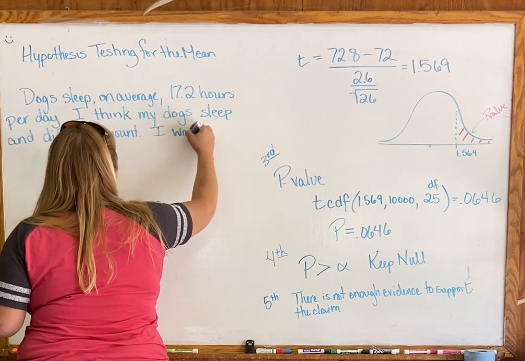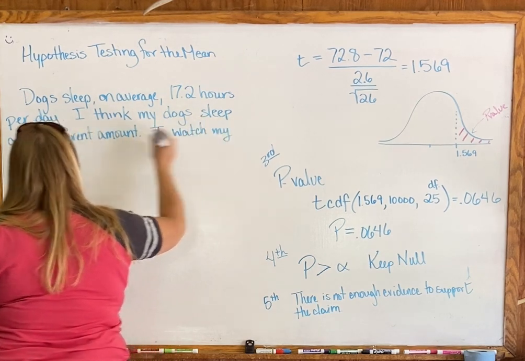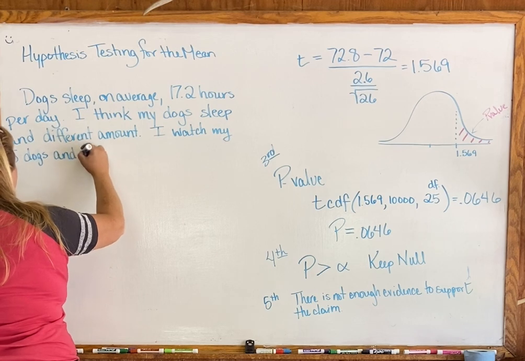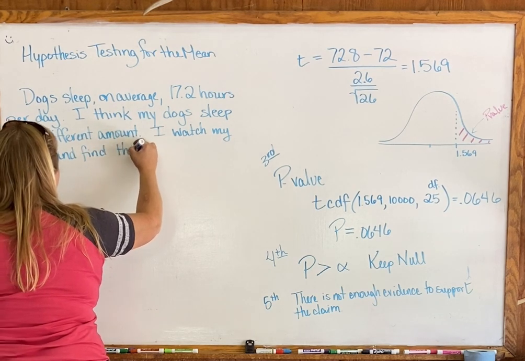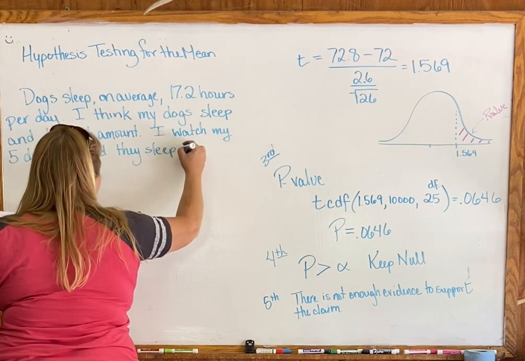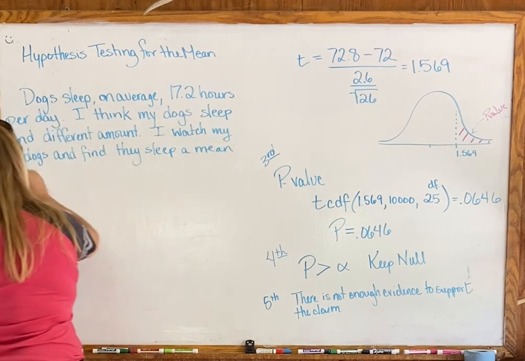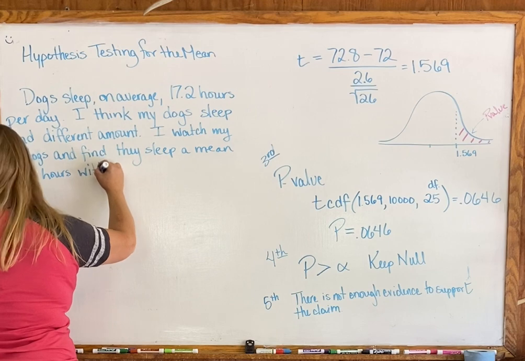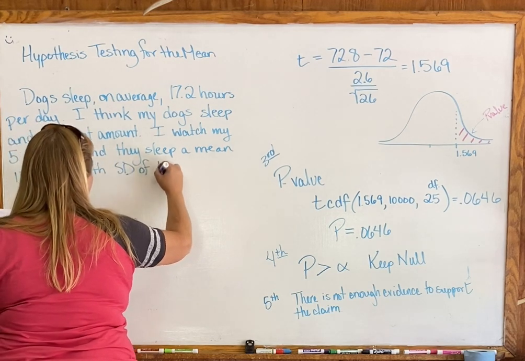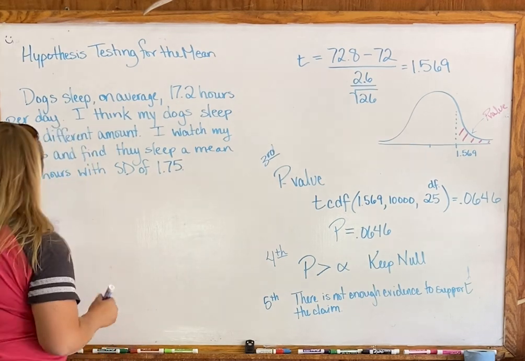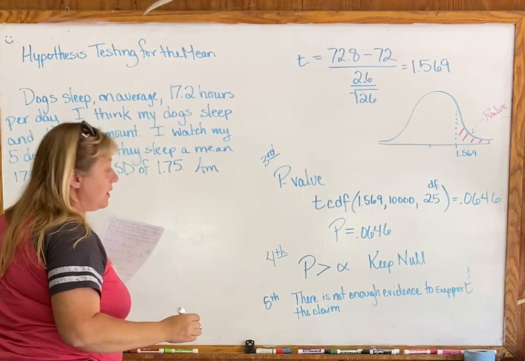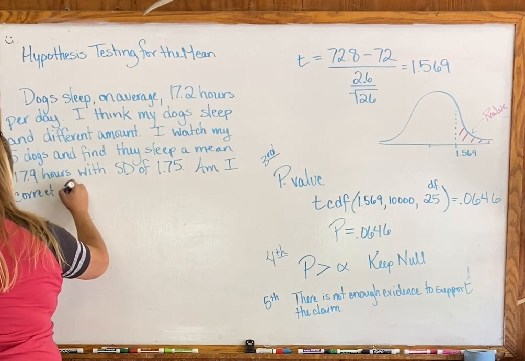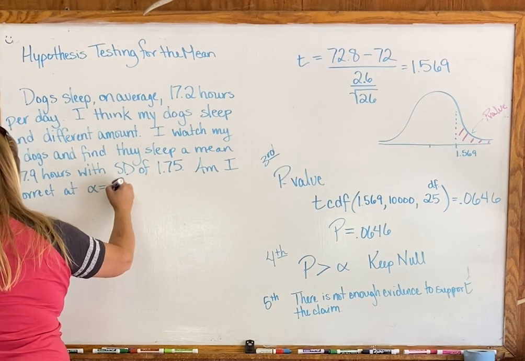I watch my 5 dogs and find they sleep the mean 17.9 hours with a standard deviation of 1.75. Am I correct at alpha equals 0.10?